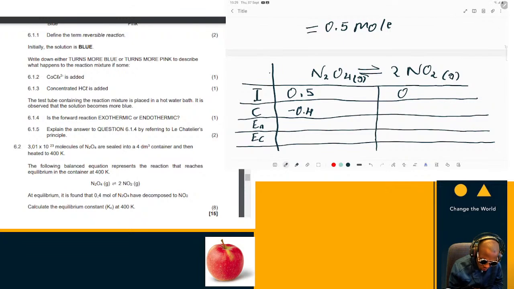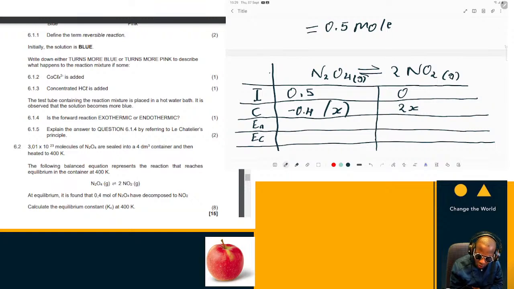If we didn't know the change in moles of NO2, we would say X. The change would be 2X, because one mole produces 2 NO2.